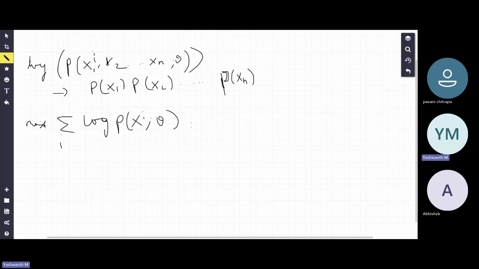This is the generic framework for fitting any distribution to data. It is called the maximum likelihood rule.